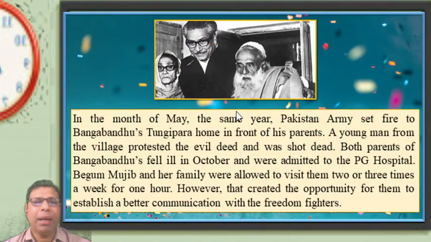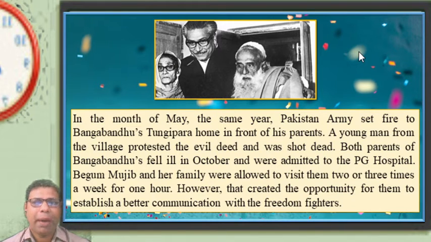In the month of May, the same year, the Pakistan Army set fire to Bangabandhu's Tungipara home in front of his parents. A young man from the village protested the evil deed and was shot dead.